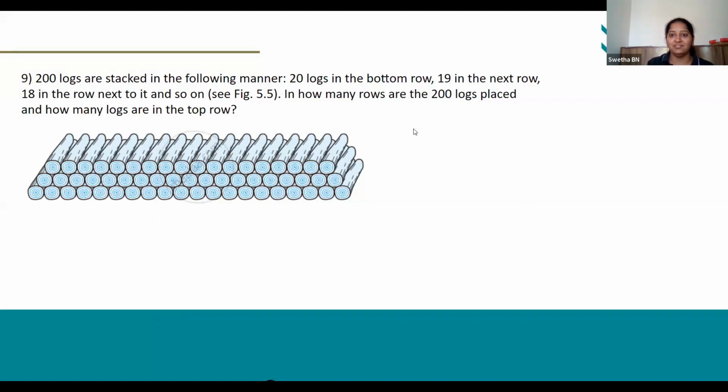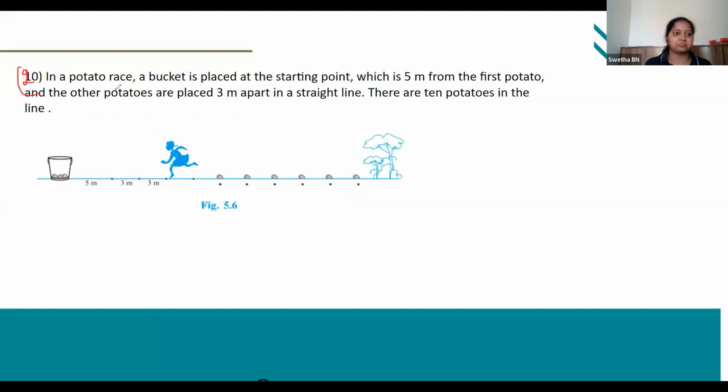Next, last question. This is the 20th sum. In a potato race, a bucket is placed at the starting point, which is 5 meters from the first potato, and other potatoes are placed 3 meters apart in a straight line. There are 10 potatoes in the line. This is the starting point, children. There are 10 potatoes.